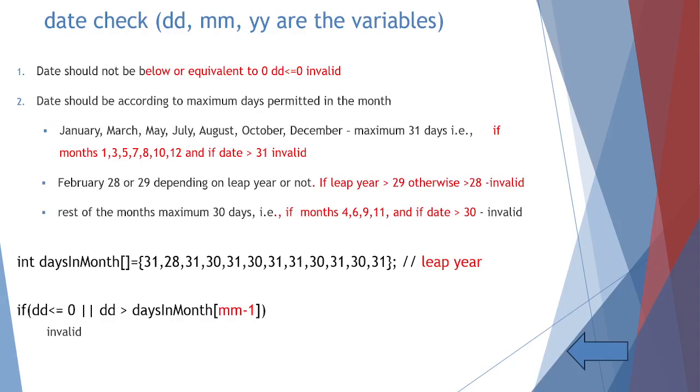Days in a month of month only. So that array is accessed, and we are accessing month -1 because index starts from 0. In both the cases, invalid. So this is how we utilize arrays if we know already some elements.